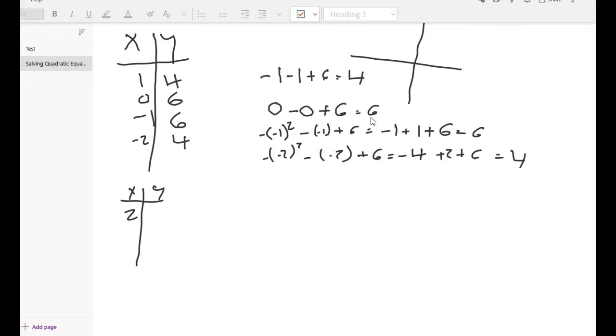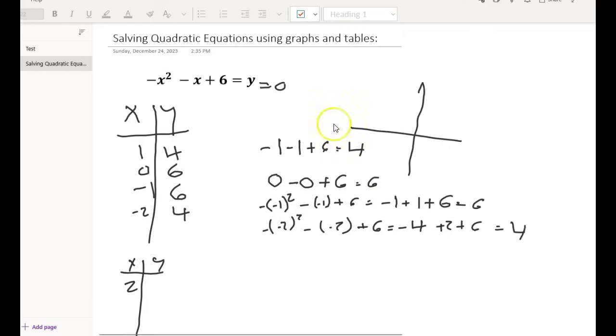What's going to happen when we have 2? We have minus 2 squared, minus 2, plus 6. So that is minus 4 minus 2 is minus 6 plus 6 is 0.